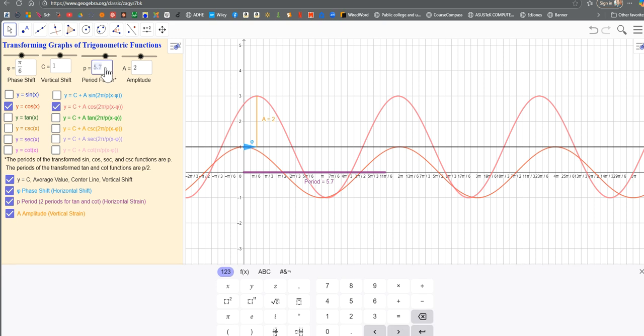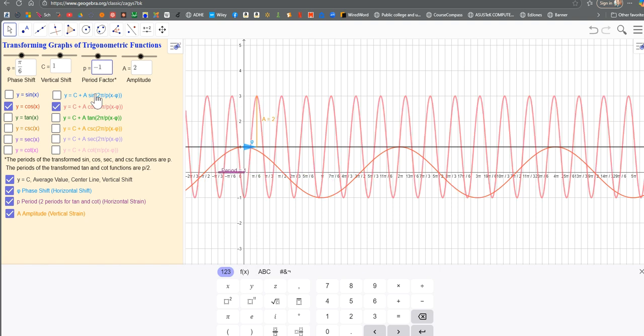Now, if we replace it by -1, now it has a period of 1. But it's also been flipped upside down. So let's put the phase shift back at 0.